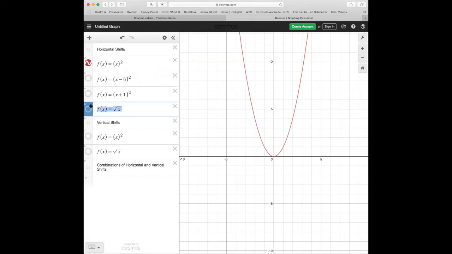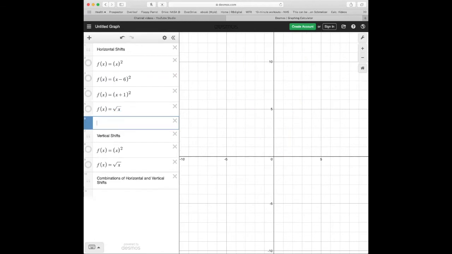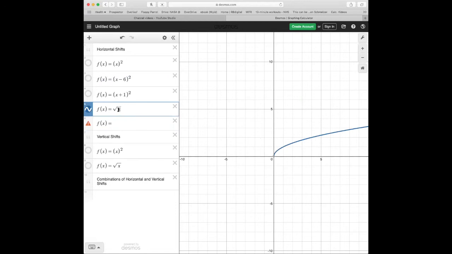Now, we didn't graph horizontal shifts for our square root function. Let's go ahead and do that here. So here's our original square root function. Now, what do we expect to happen if we do the square root of x and we do say minus 3? Well, our minus 3 is under the square root or inside with our horizontal variable.